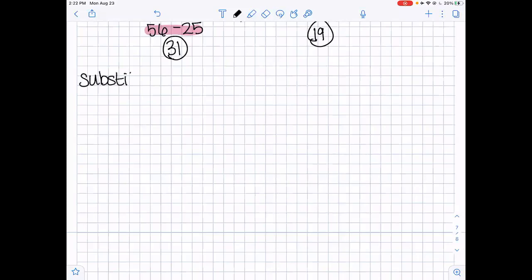Substitution. Does anybody know what substitution means? Replace something, right? So, replacing variables with values. So replacing letters with numbers.